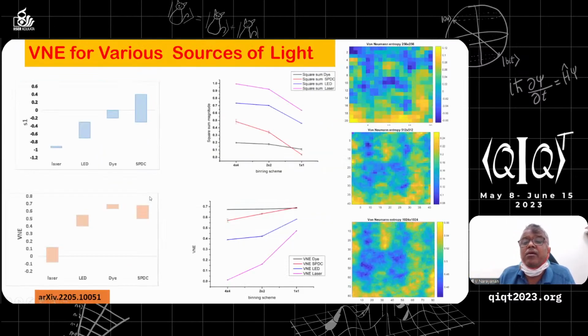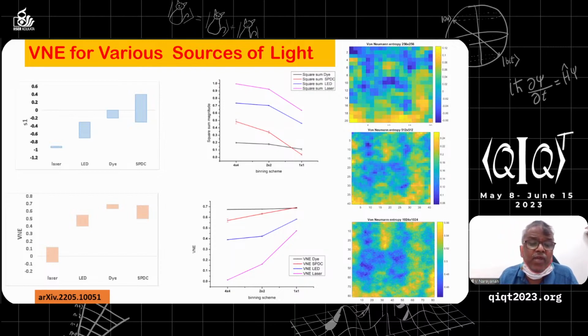And here, on the right-hand side panel, you can also combine a few pixels and make a super pixel. We have combined 4 pixels, or 2 pixels, or a single pixel. That is called binning, as those who routinely do this know.